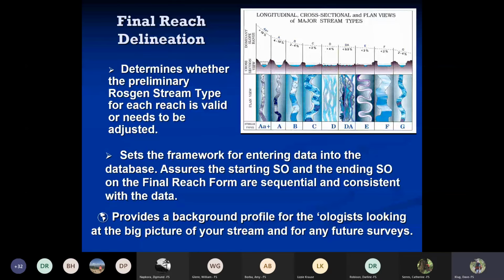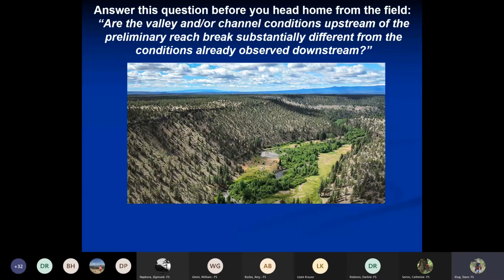Okay. Now, before you head home from the field, you need to answer this question. Are the valley and or the channel conditions upstream of the preliminary reach break substantially different from the conditions already observed downstream? Do they really warrant a reach break? In the field is the best place to look at your data.